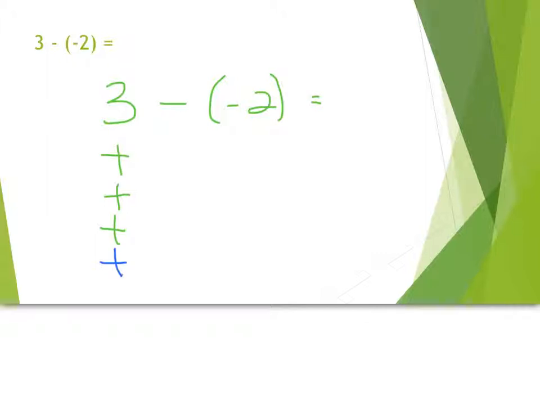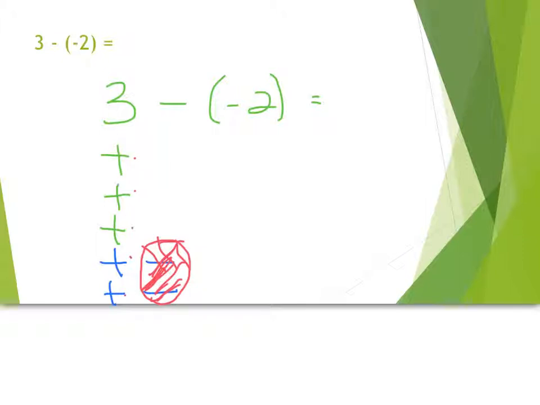We're going to add a positive and a negative, and a second positive and a negative. Now in our problem, 3 minus negative 2, we need to take away negative 2 counters. Because we added 2 zero pairs, we now have 2 negative counters, so we can go ahead and take those away. Then we count what we're left with: 1, 2, 3, 4, 5.